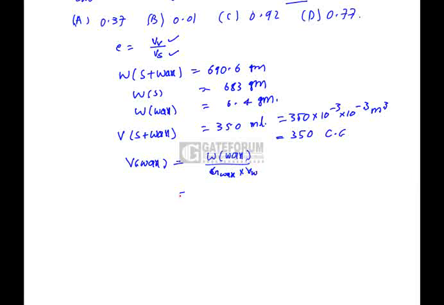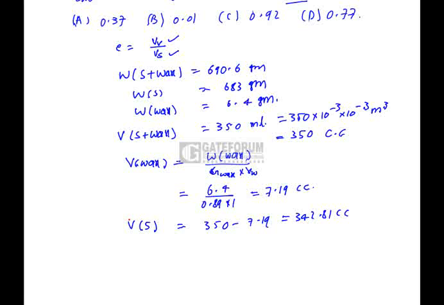Weight of wax we know is 6.4, specific gravity 0.89, gamma W we know is 1 gram per cc. So that is equal to 7.19 cc. So volume of the soil alone we can find out: 350 minus 7.19, that is equal to 342.81 cc.